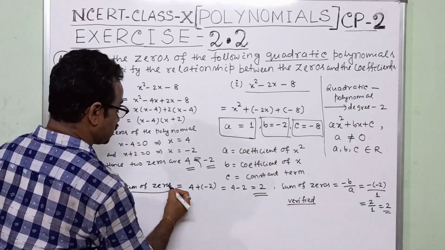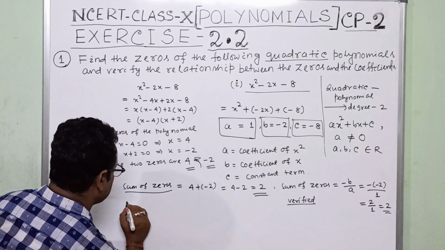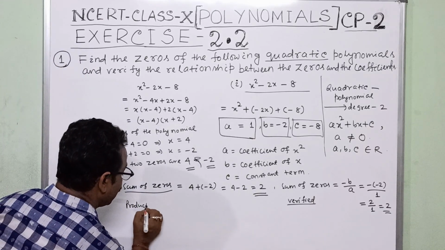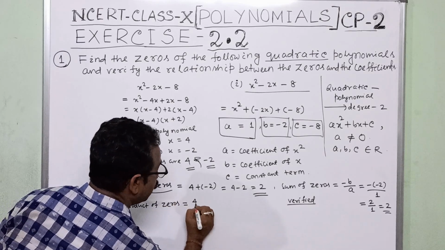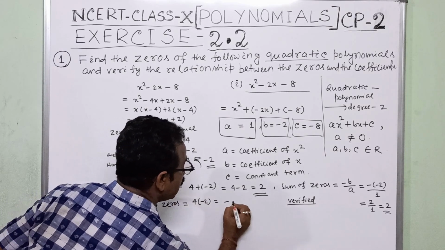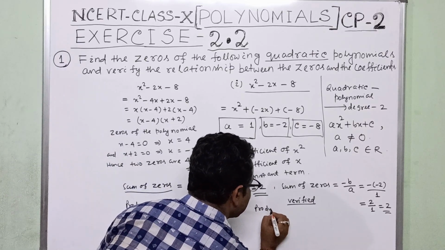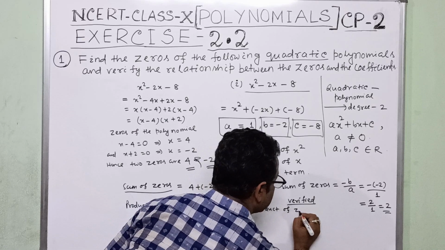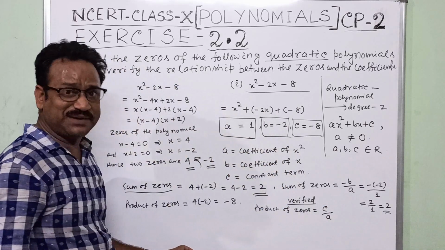Now if we find the product of zeros, product of zeros is equal to 4 into minus 2, which is minus 8. According to the formula, product of zeros is c by a.